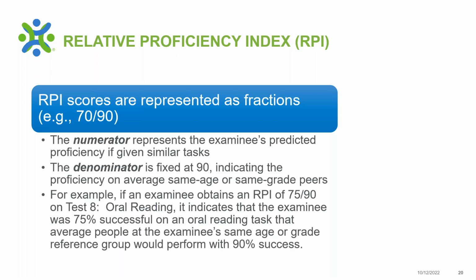So for example, if an examinee obtains an RPI of 75/90 on the oral reading test, it indicates that they were 75% successful on an oral reading test that average peers at the same age or grade would perform with 90% success.